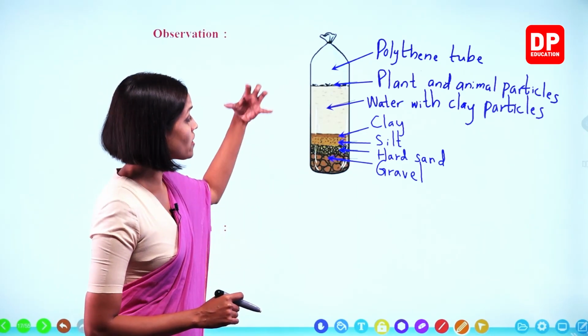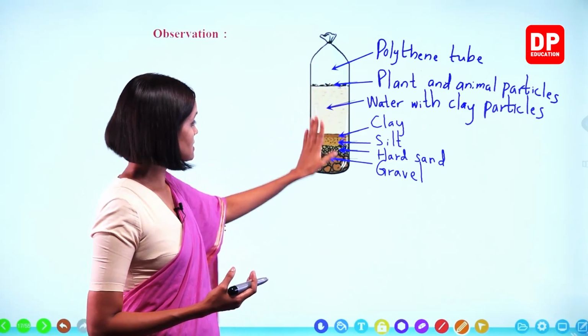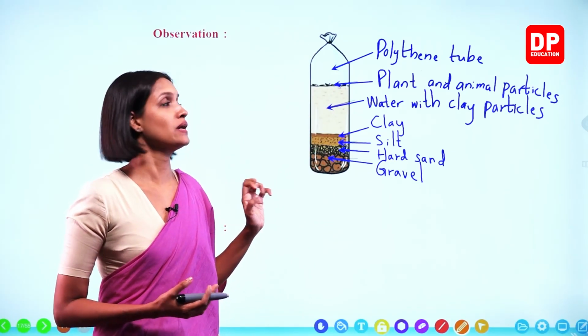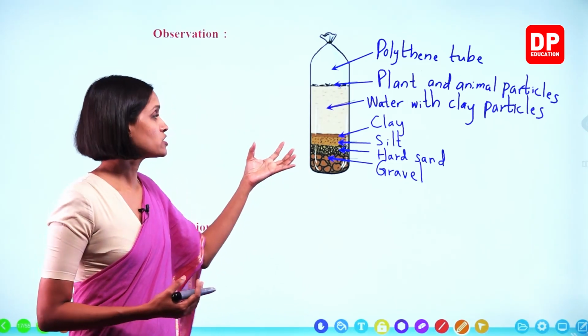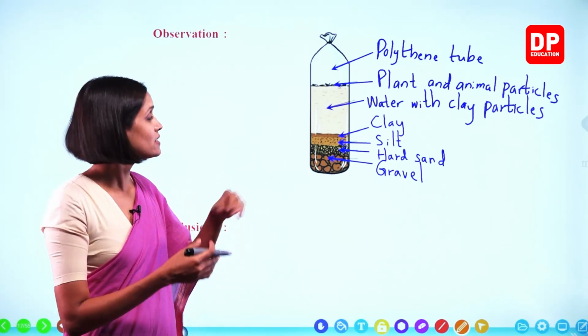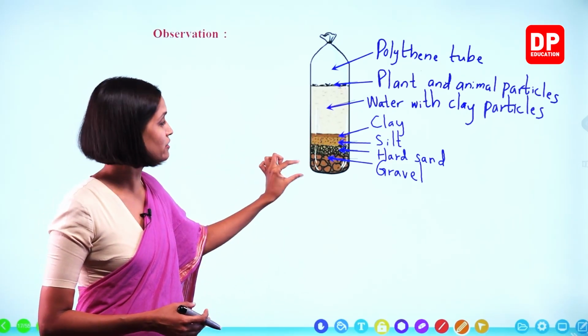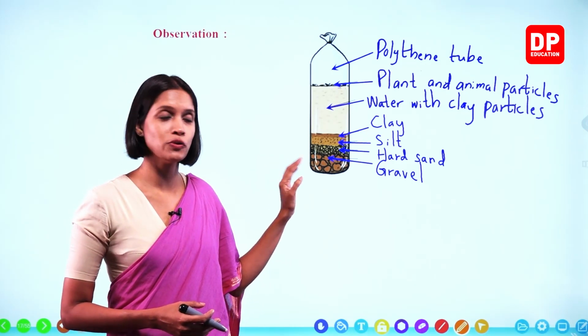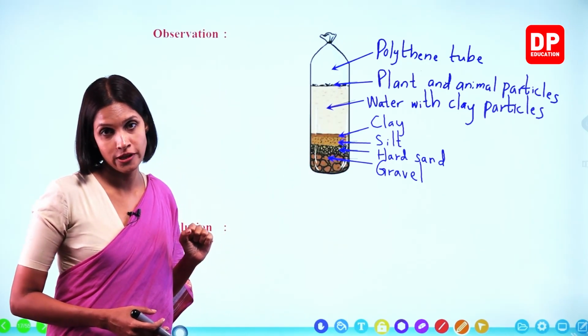Right? Based on the type of soil that you chose, this can be different. Okay, sometimes certain soils, if you took very fine soil, you will not see a lot of gravel. Right? Only a few gravels will be seen. Okay, that depends on the place you obtain your soil sample from.